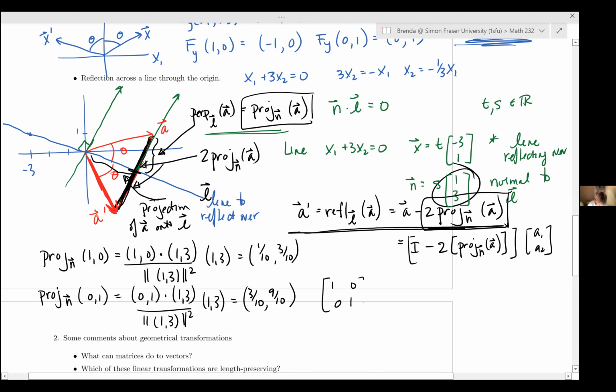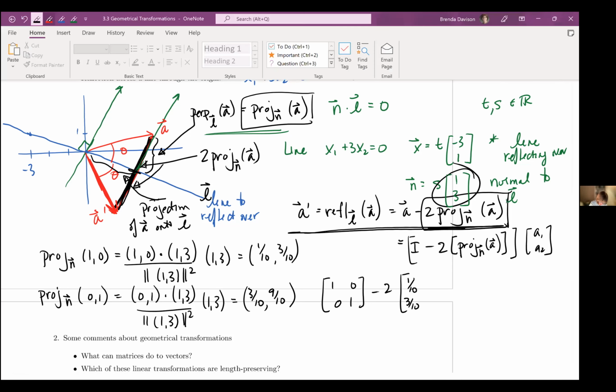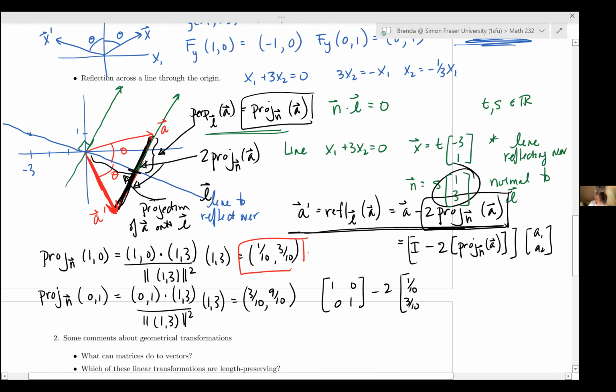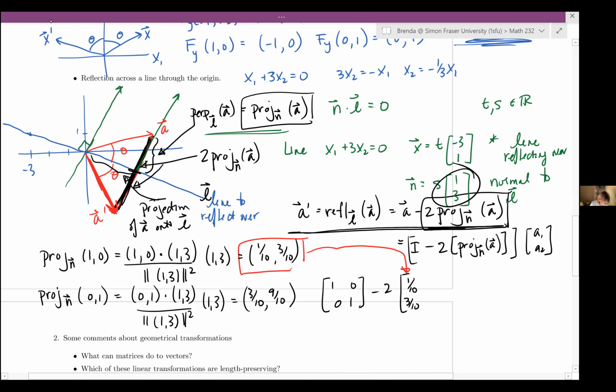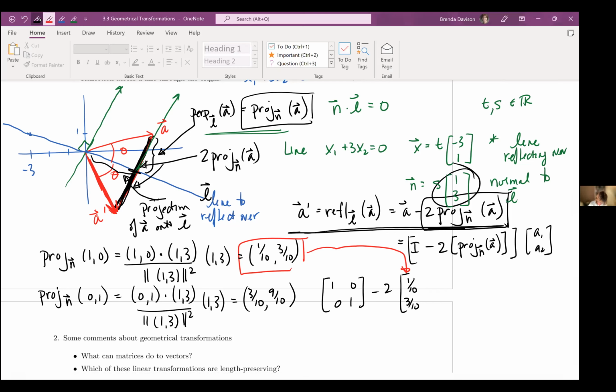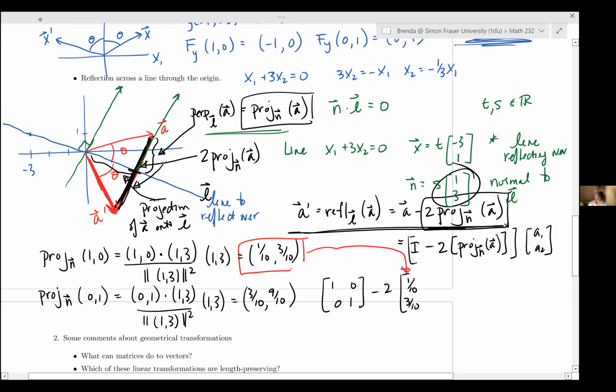I already know what I is. There's I minus 2 times my projection matrix, which looks like this: 1/10, 3/10. Where did that come from? That is this thing here, right? What happens to the first basis vector? And then I'm going to put in what happens to the second basis vector.